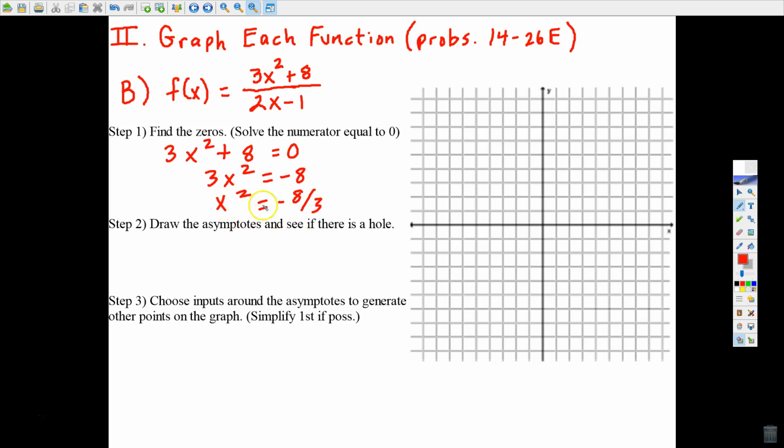At this point, I know I've got to take the square root of both sides, but I'm going to be taking the square root of a negative number. And when it comes to x-intercepts, this has to be a real number. I don't get any real number solutions out of this. I get 2 imaginary solutions. So I do not have any x-intercepts. Interesting. My graph will never touch the x-axis.